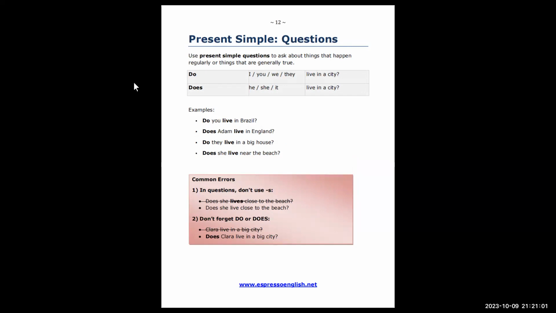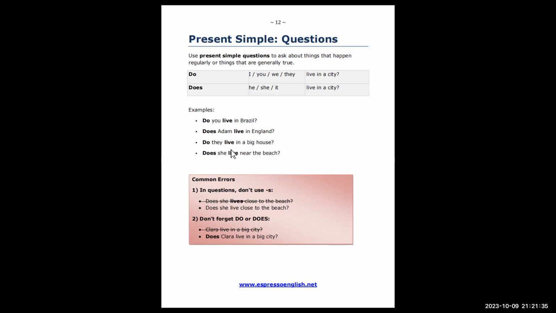It's because in a sentence, you will use do if plural, and also I and you. And you will use does if the subject is he, she, it. So it's the same thing. Just that in questions, you will use do or does first, right? Like do blah, blah, blah. And then does he blah, blah, blah, for example.